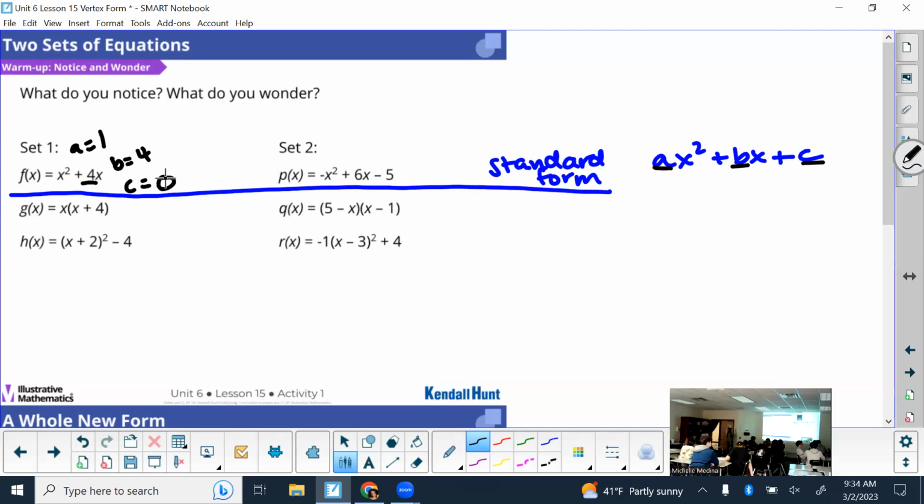We're practicing that for next unit or for something else that I'll show you today. But when it's in standard form, the advantage is you can clearly see the A, B, and C. Now look at the next row. These two. What type of form is it if it looks like that?